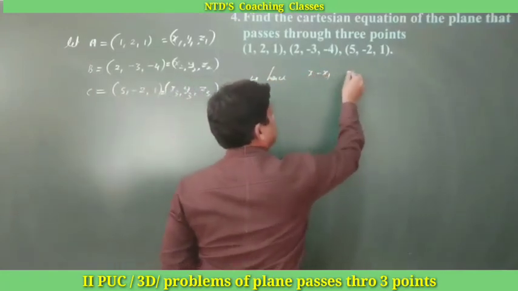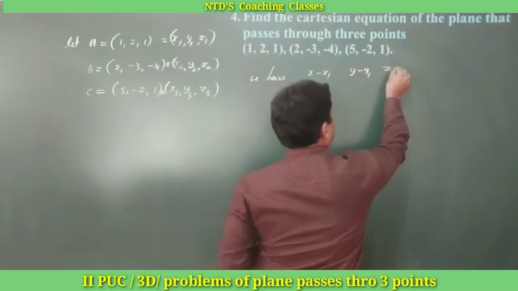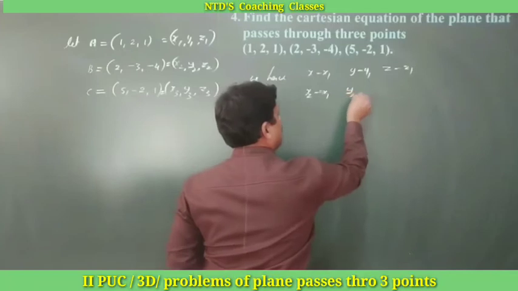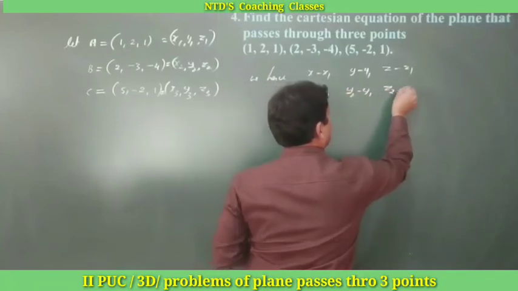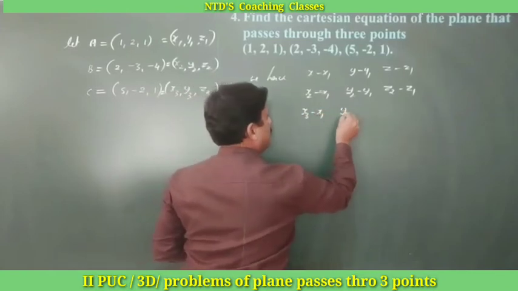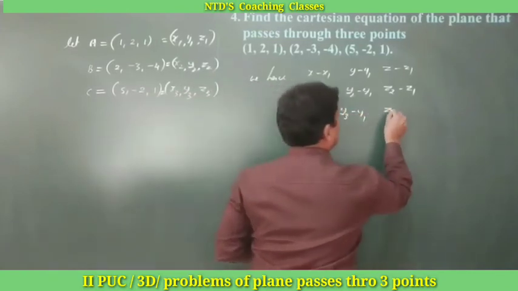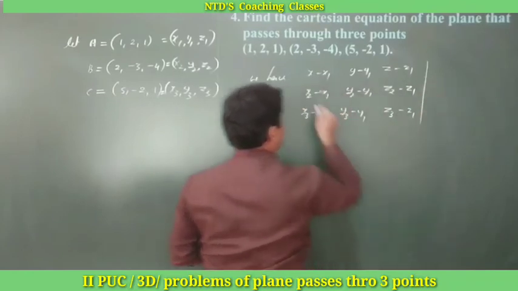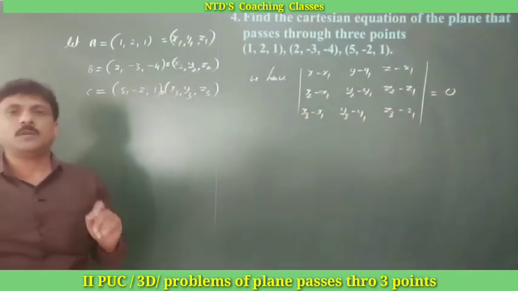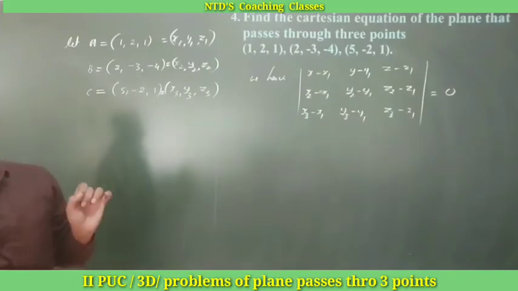Determinant of first row x minus x1, y minus y1, z minus z1. Second row x2 minus x1, y2 minus y1, z2 minus z1. Third row x3 minus x1, y3 minus y1, z3 minus z1. Determinant equals 0. This is the Cartesian form of equation of a plane.